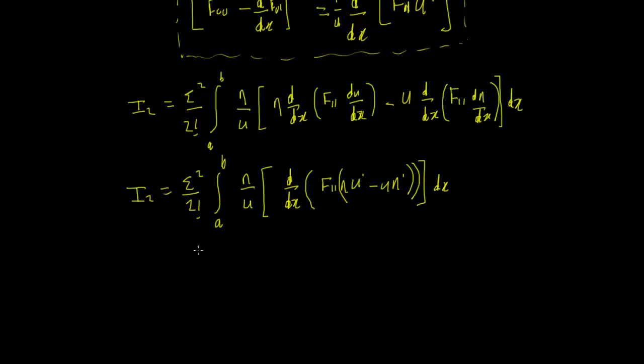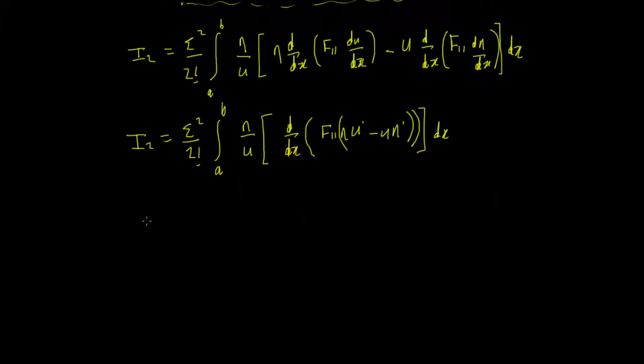Again, I'm not going to go through all of the process of integration by parts, but we could end up with I2 equals epsilon squared upon 2 factorial, the integral from a to b. Now, with integration by parts, we make a negative sign, so we'll put the negative right outside there.